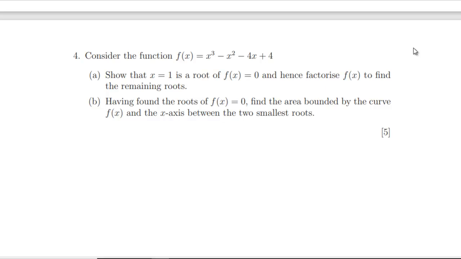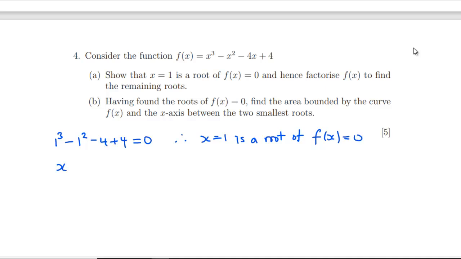Show that x is 1 is a root and then factorize. Okay, so we've got 1 cubed minus 1 squared minus 4 plus 4 equals 0. Therefore, x equals 1 is a root of f of x equals 0. Hence factorize, so we've got x minus 1.